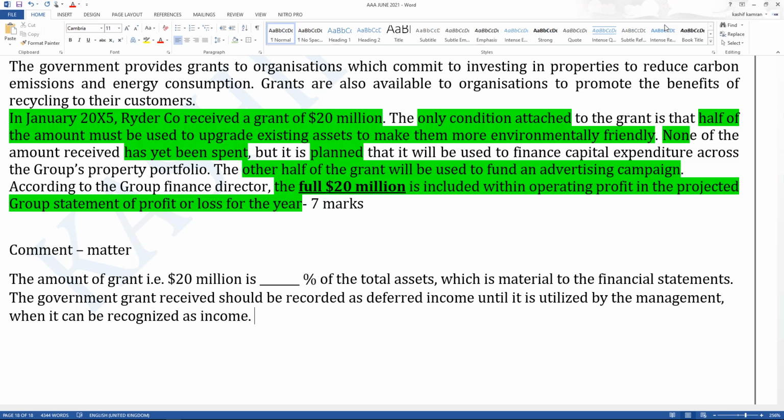So initially it is your liability, right, till the time you recognize it as an income, right?